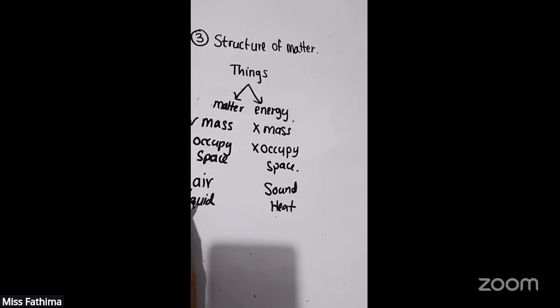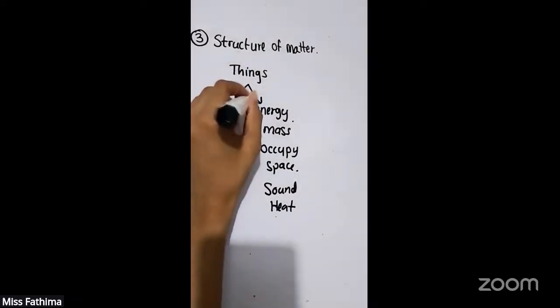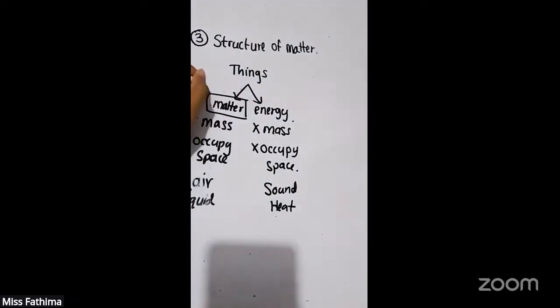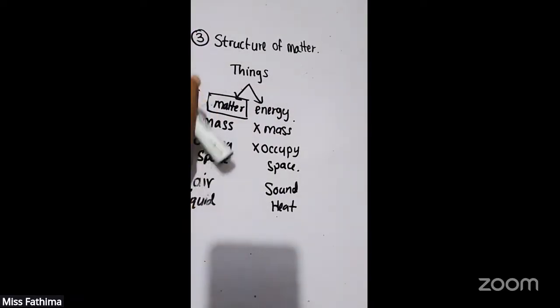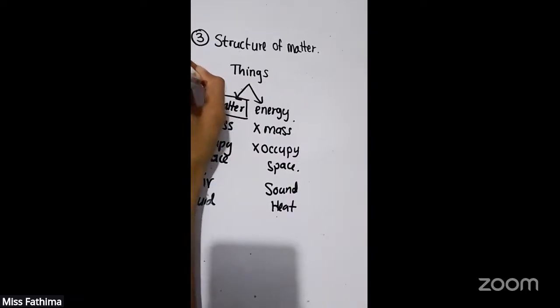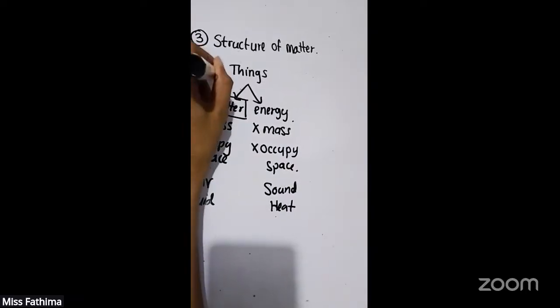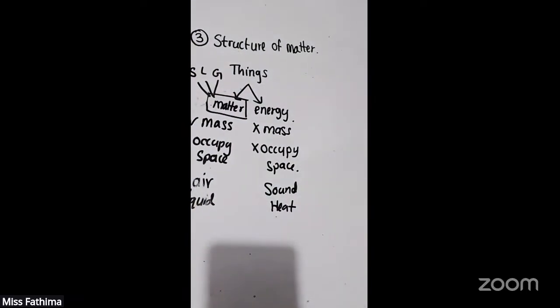Those come under matter. Now, matter can have physical states. Matter can have three physical states: solid, liquid, gas. That's just an idea to give you, but that doesn't involve your lesson for today.